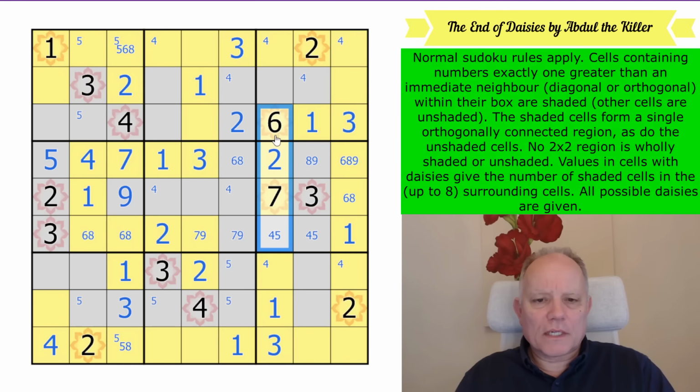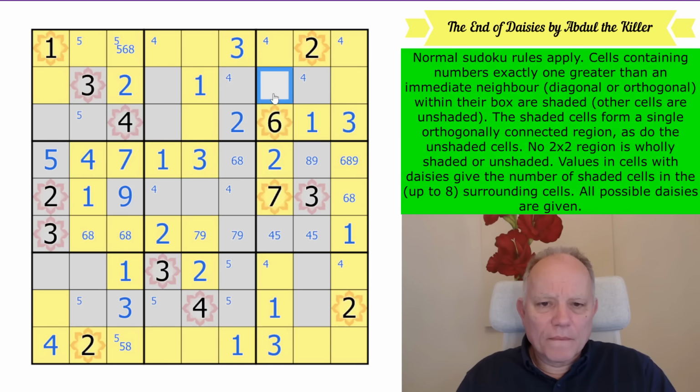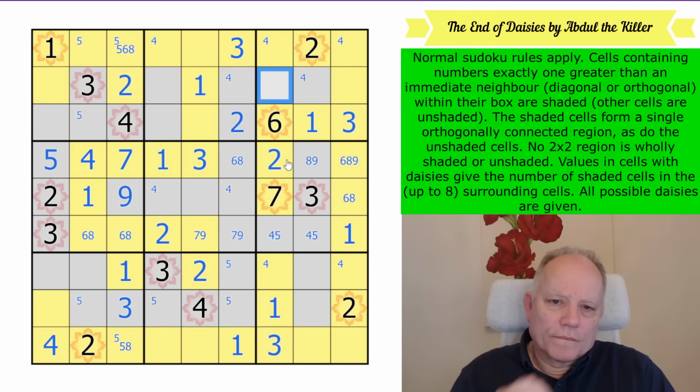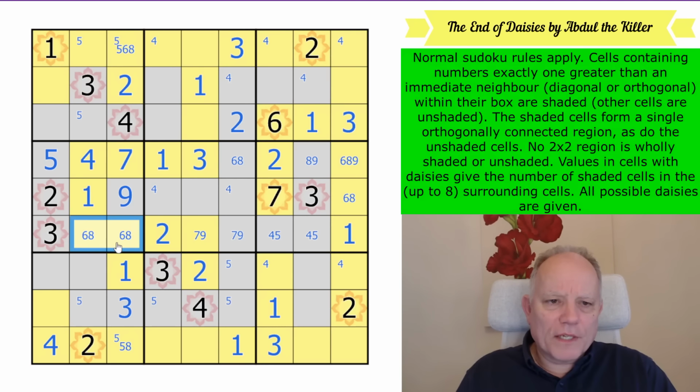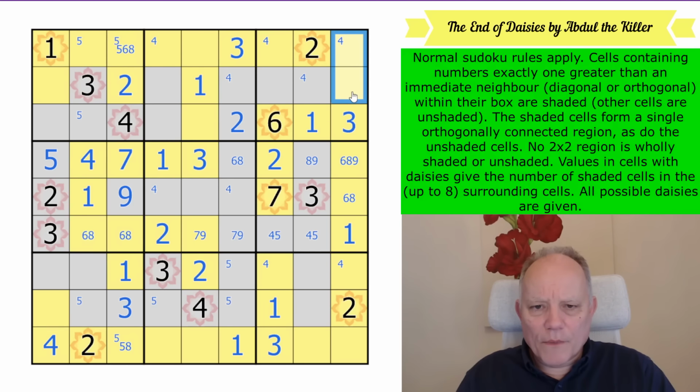Three, 1, 6, 2, 7. Yeah, it was quite interesting about this pair having to be non-consecutive. If that could work somewhere else, like here, these two are non-consecutive, so they're not 4 and 5.